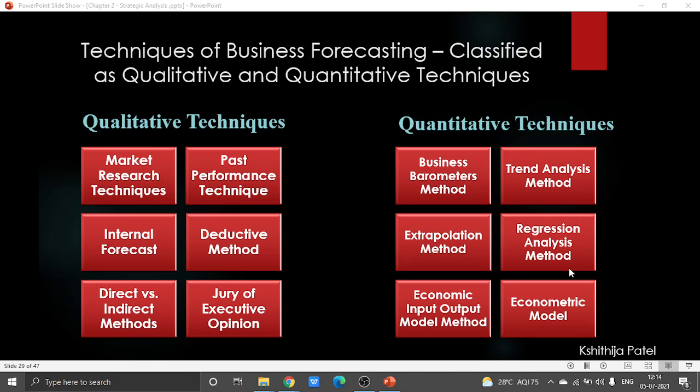And also it shall be done, as I said, for a long period of time, and where the trend is clearly visible and also stable. So it is based on the assumption that the past trend will continue in the future, and this is also considered valid for short time projection.